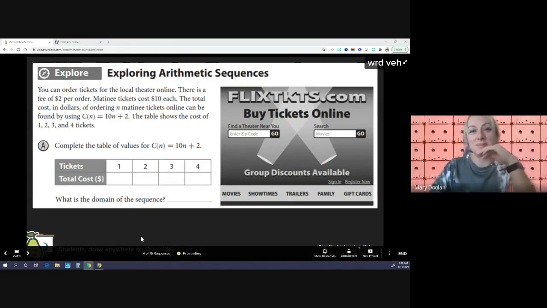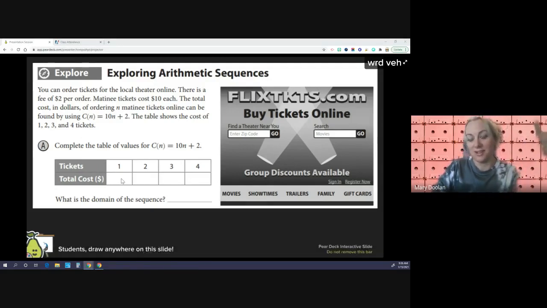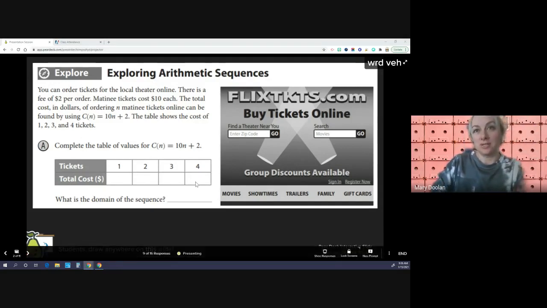Everyone needs to participate. I just told you the first answer. If the only thing you can do right now is put a 12 where my cursor is, then do that so you're not losing your participation credit for today. You have to participate. Don't be afraid to make a mistake. Try to fill out these other ones.